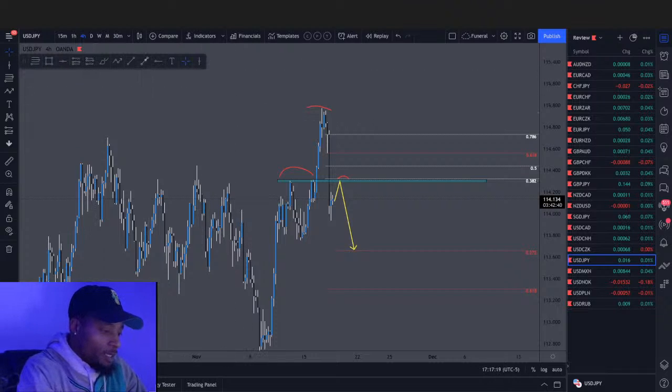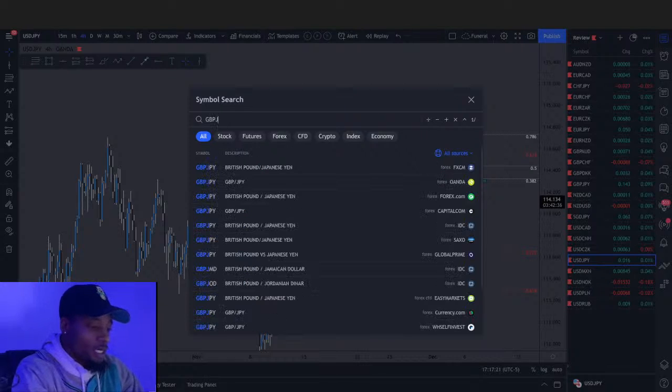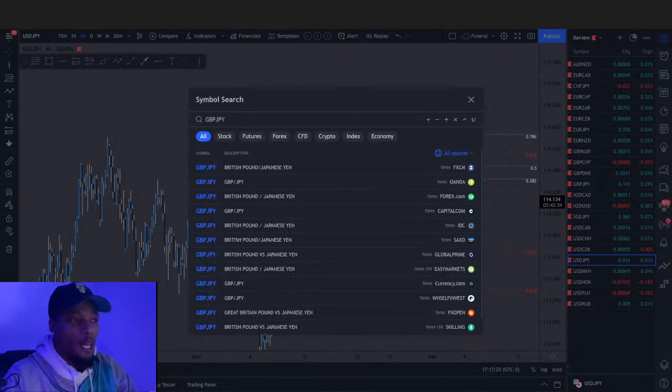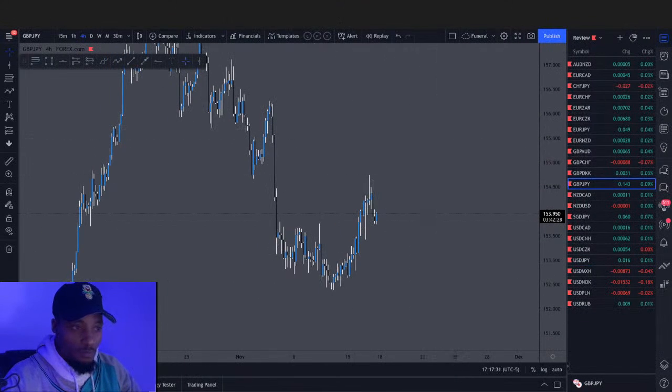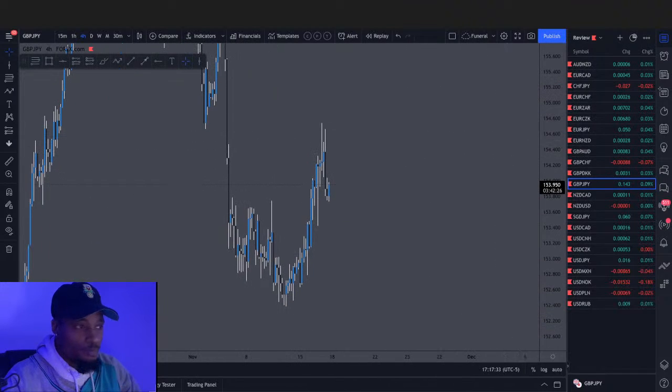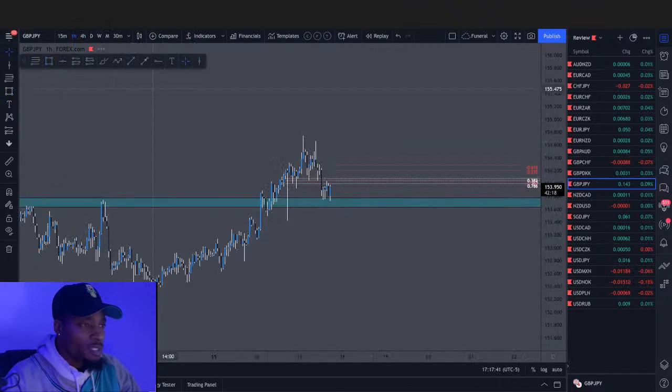We got GBPJPY. We broke our daily structure to the upside, coming back for the retest. We did get a retest. When was that? Market changeover yesterday? Jesus.